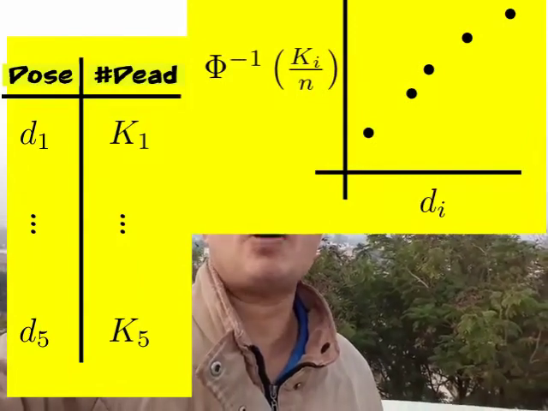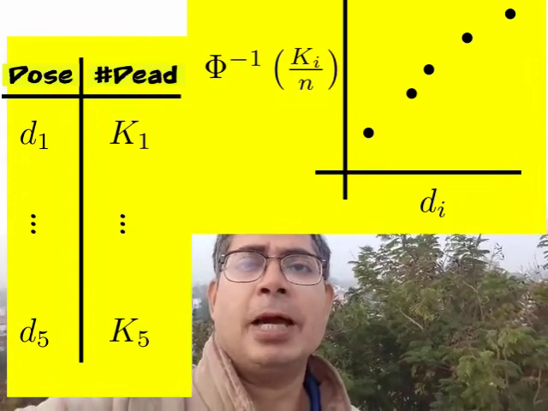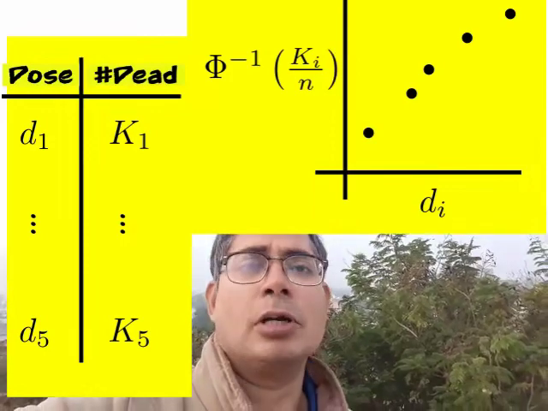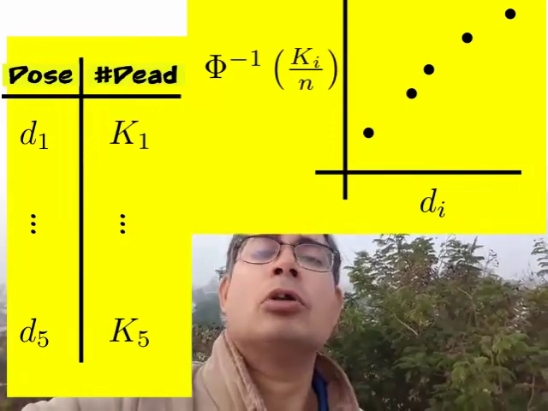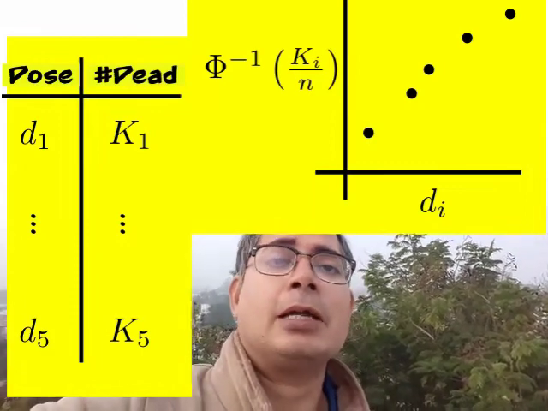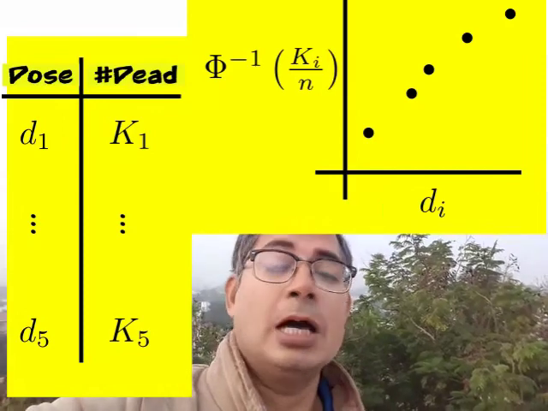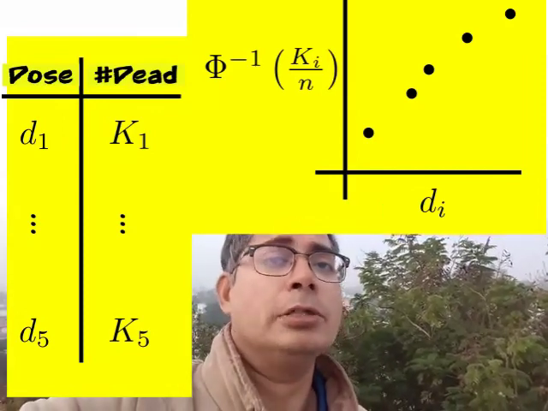He will plot phi inverse of Ki divided by N against Di's, and that is supposed to give a more or less straight line. And in fact, if it does not give you a straight line, then that will also help you to see that the xi's, those unobservable latent xi's, are actually not coming from a Gaussian distribution.